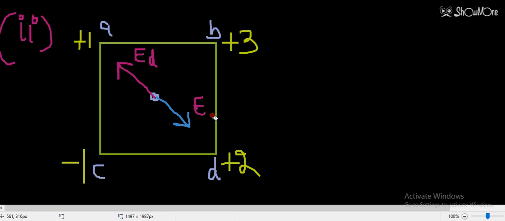So if E1 is the resultant, then E1 will be equal to ED minus EA, since ED is greater.